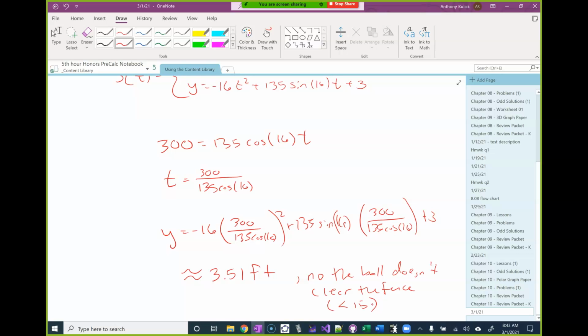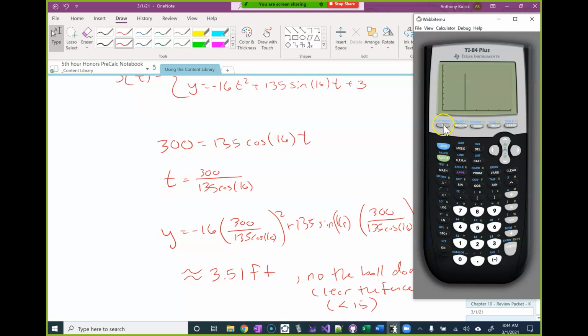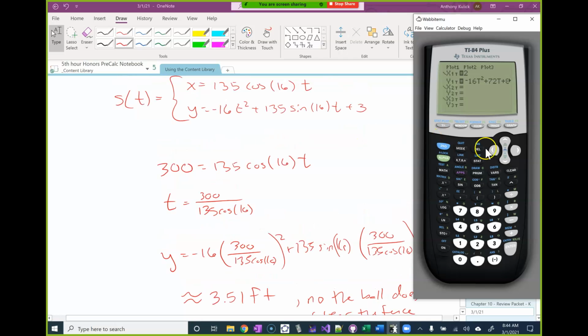All right. Let's do this with a calculator now. So again, I'm going to type in my two-dimensional motion equation. Cosine times t. Oops. Got to make sure I'm in degree mode now. I switched to radian mode earlier.